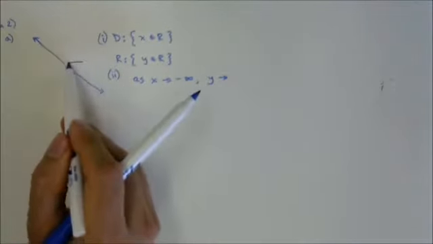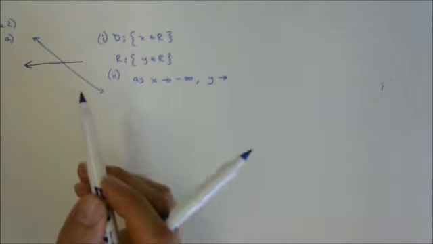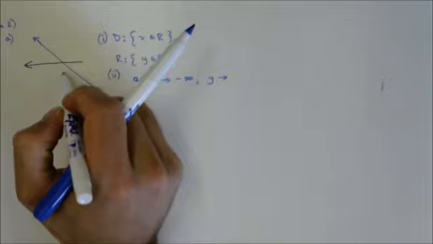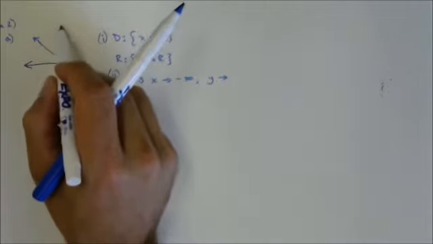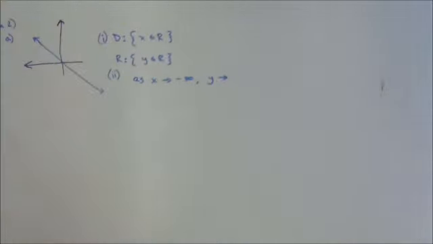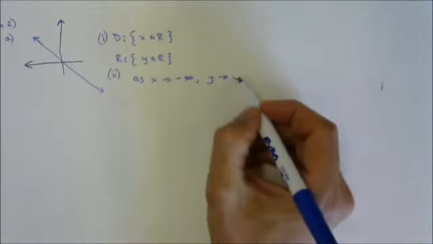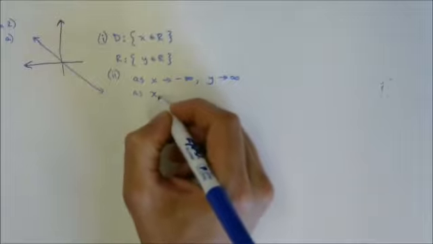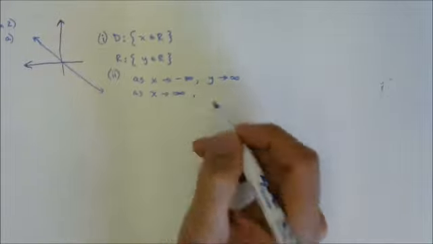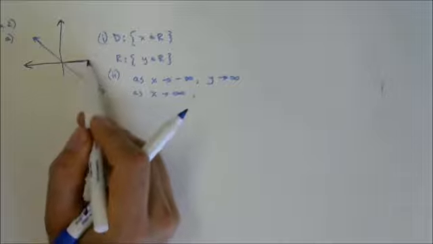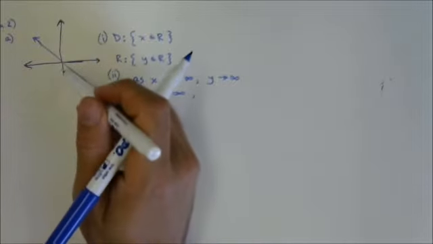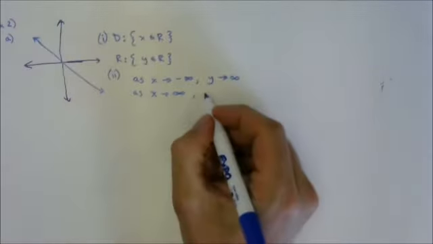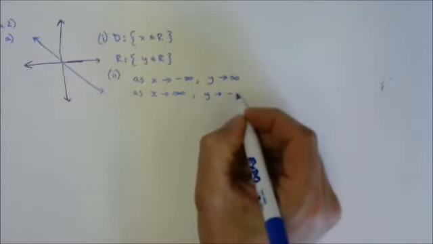As all of our x values are going further and further to the left, where is y going? It's increasing, it's going up, so it keeps going to positive infinity. What about as x approaches positive infinity, as the function keeps moving to the right? Well, the y values are going down, down, down. So y approaches negative infinity.